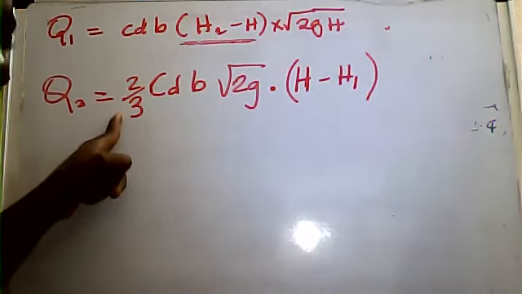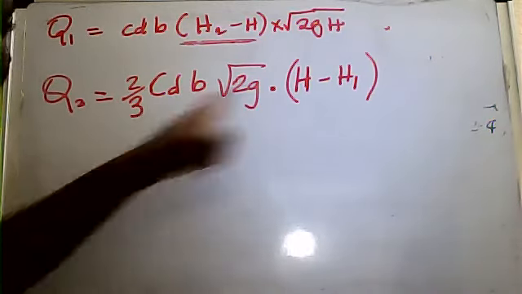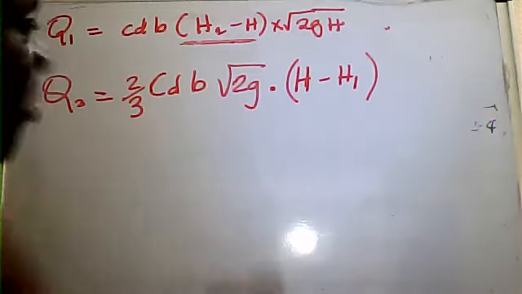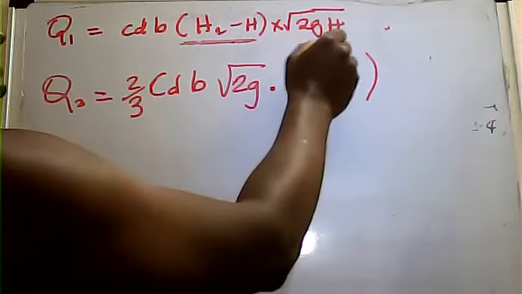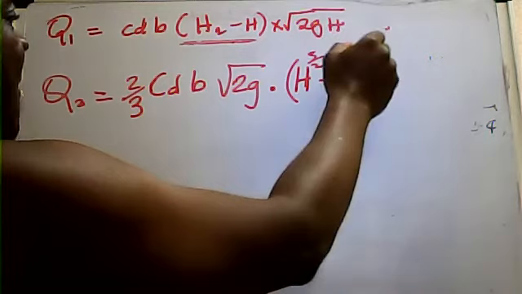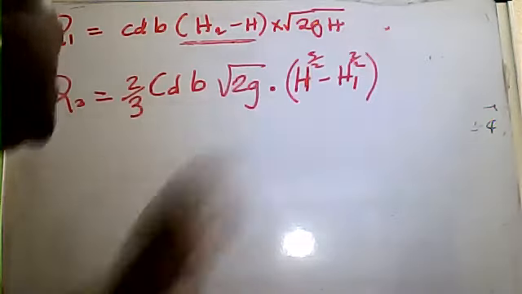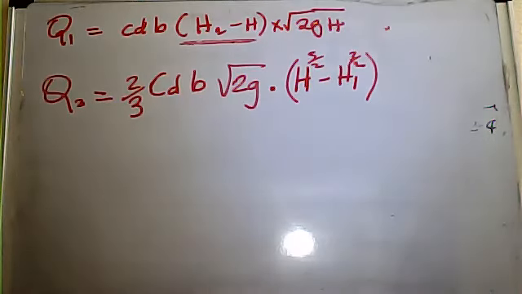This value is 2/3. So the power is 3/2. And even here, 3/2. They have the same powers, and that is how we are able to subtract, because their quantities are equal.